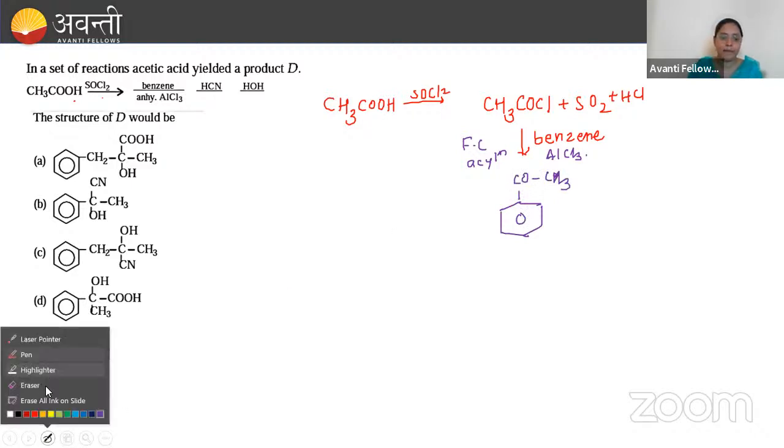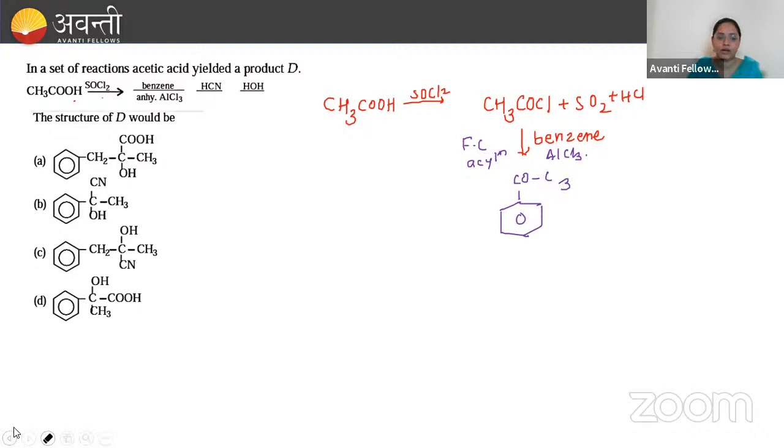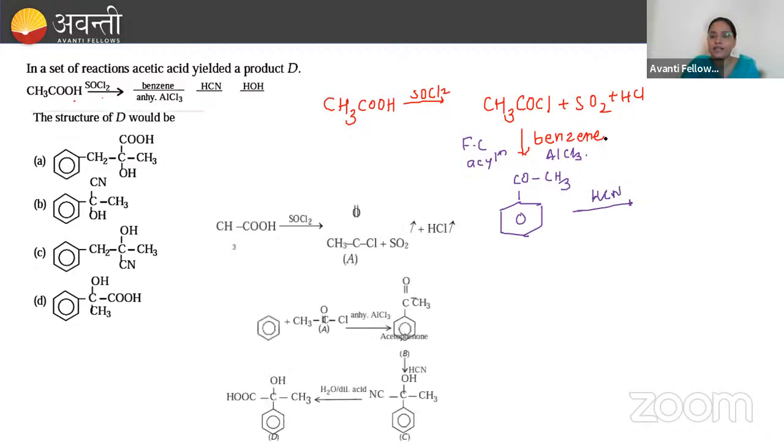So next, what will happen? What is given in the next reaction? It is going to react with HCN. With HCN, it is going to add to the carbonyl group.